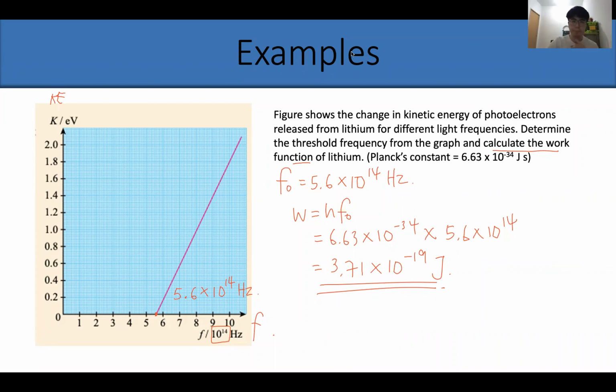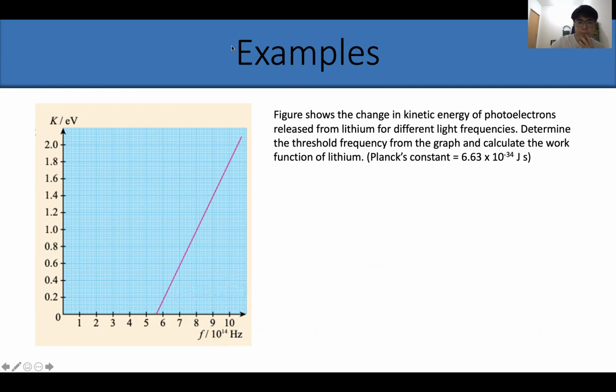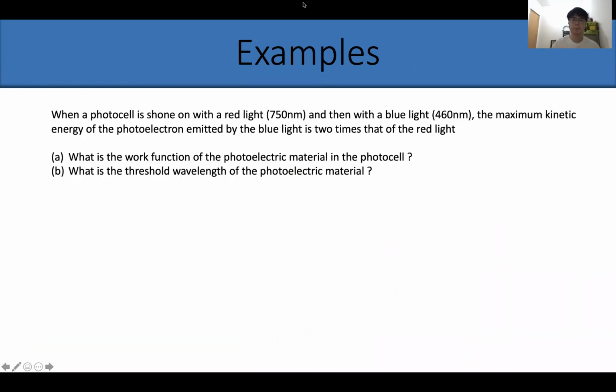The last example. Okay, when a photocell is shone on with a red light and then with a blue light, the maximum kinetic energy of the photoelectron emitted by the blue light is 2 times that of the red light.